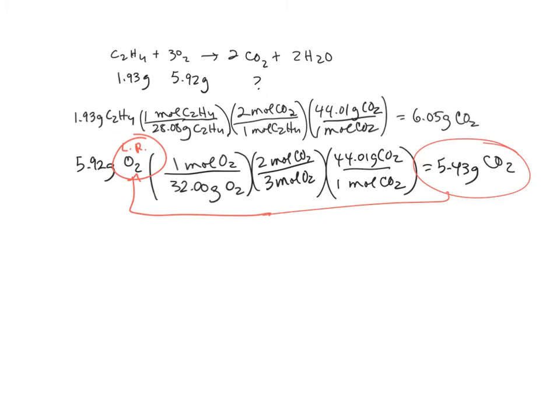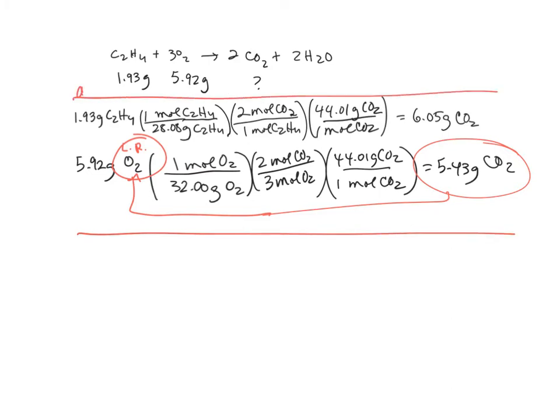Now you can calculate the amount of water. This first one is the amount of CO2. Let's use the limiting reactant to get the amount of water. The limiting reactant is the O2, and we can just start all over again here. 5.92 grams of O2, the limiting reactant, 32 grams per mole of O2.